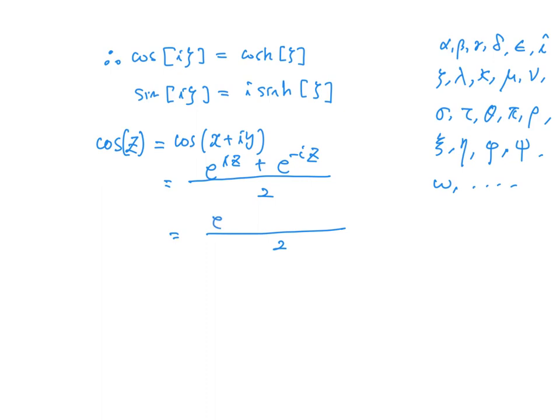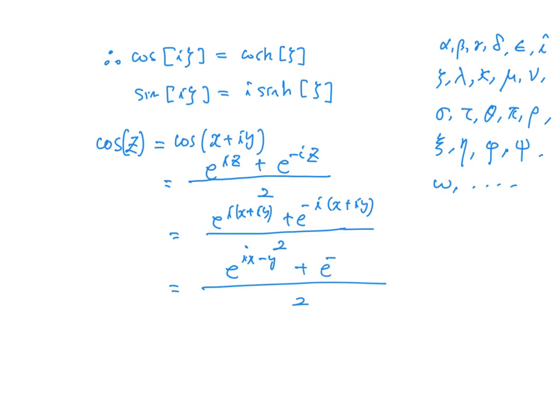That is 2 over exponential i(x plus iy) plus exponential minus i(x plus iy), which is exponential ix minus y plus exponential minus ix plus y.